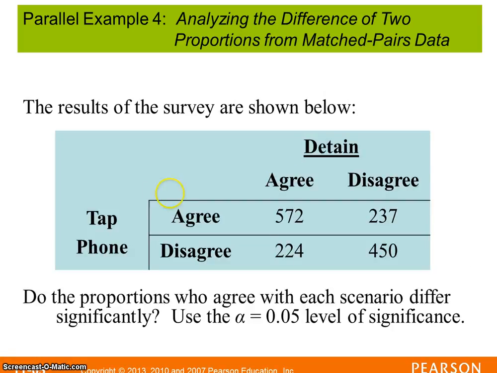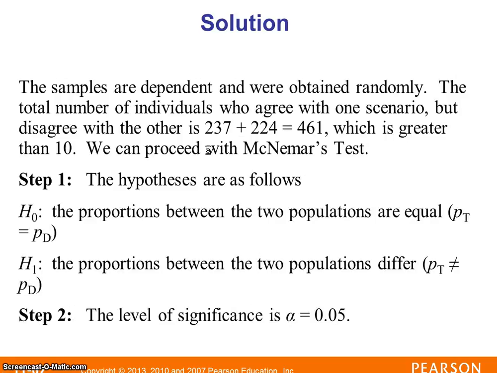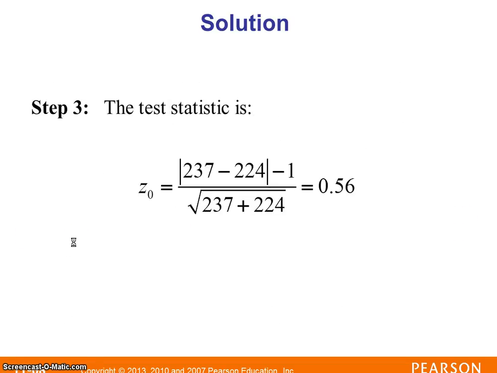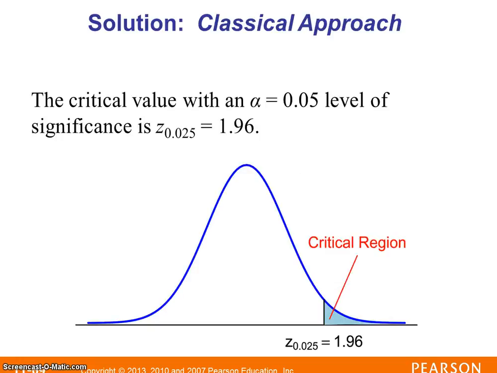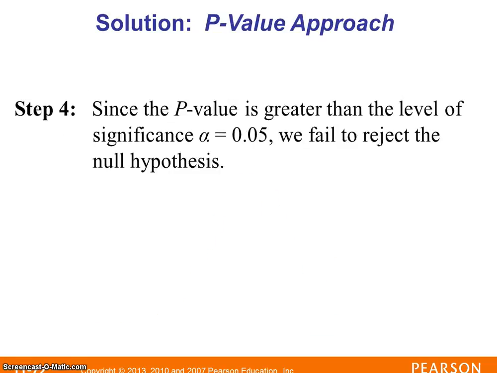So again, set your information up in this table, and then calculate the proportion for each situation. And then this will be your hypothesis, right: the proportion of people that believe in T equal to the proportion of people that believe in D. So plug those numbers into your test statistic, and again, you can either use the classical approach or the p-value approach.